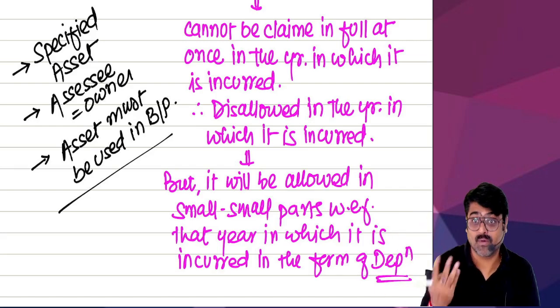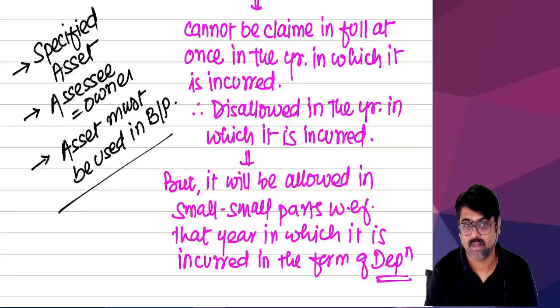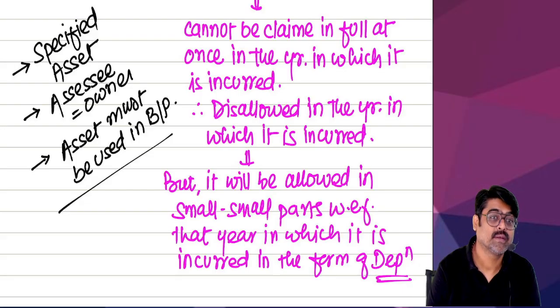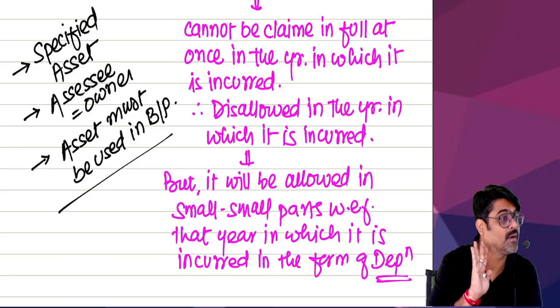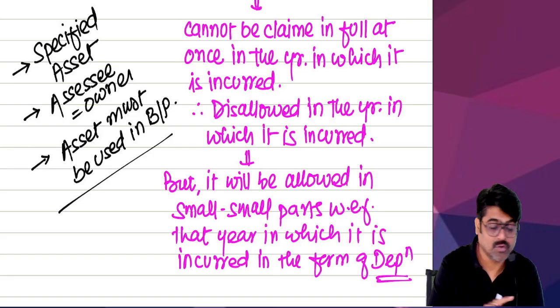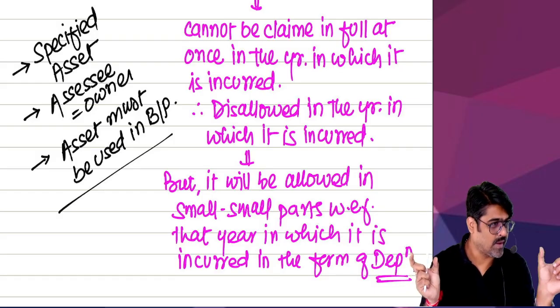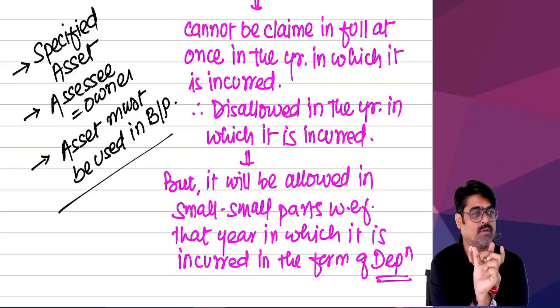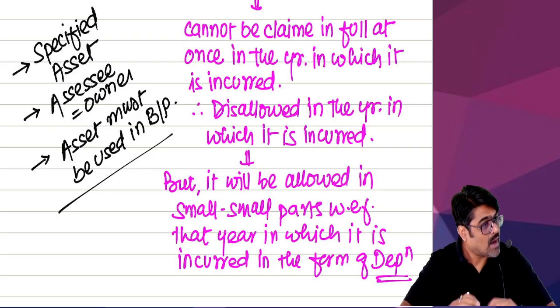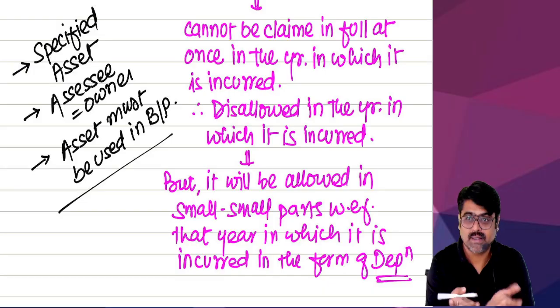And that calculation is very important. That calculation is given in section 32, read with rule 5. So you have to do both the things together. If you combine both of them, you learn how to calculate the depreciation.